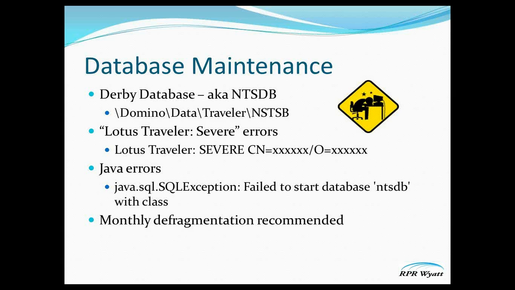And just like any other object on disk, constant, repetitive use can cause corruption issues. When the Derby database starts to experience issues, you will see errors like those that are on our screen. Also, on startup, it may report Java errors. In order to avoid these errors, monthly defragmentation is recommended.